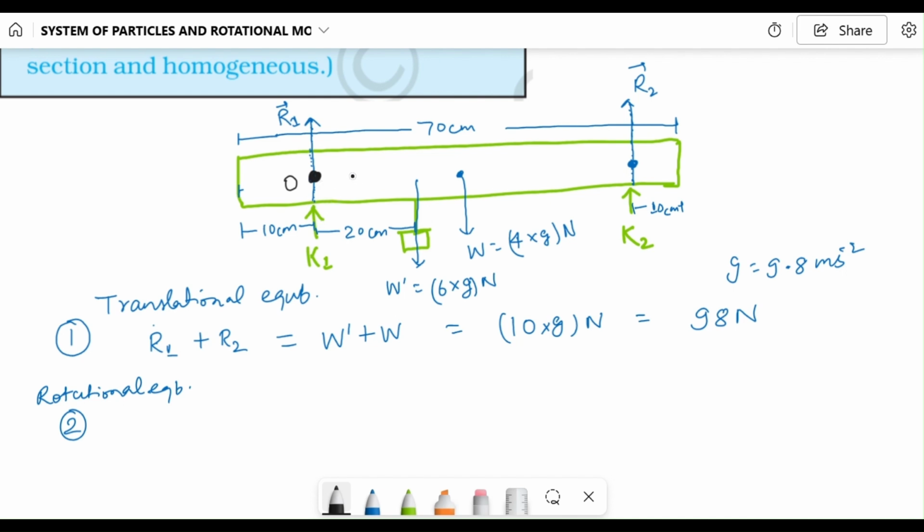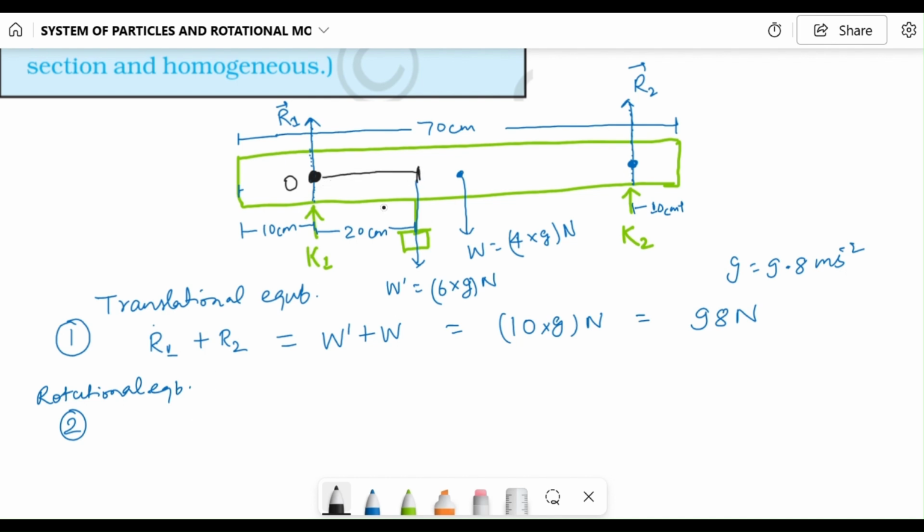So what are the forces due to which the torque will be here? So one force is here, and this is R1, and this force is not going to give any torque because this is passing through this origin itself. Now the second force will be this W prime. So what will be its position from this origin? This is 20 centimeters.